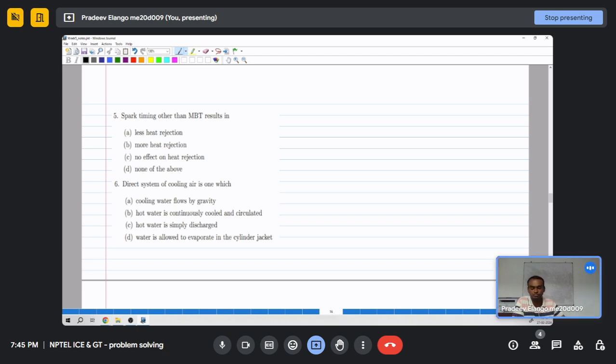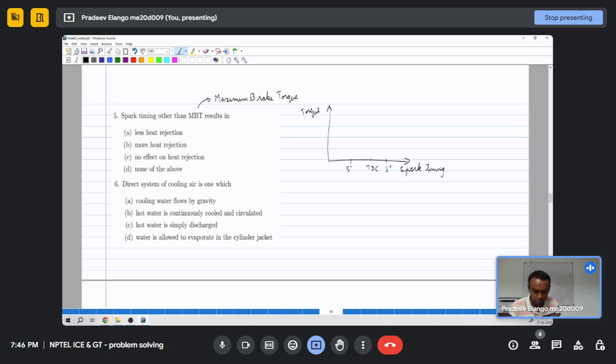Sorry, MBT is maximum brake torque. So here, if you keep changing the spark timing and then measure the torque, say this is TDC, and this is 5 degrees crank angle before TDC, and this is another 5 degrees crank angle after TDC.